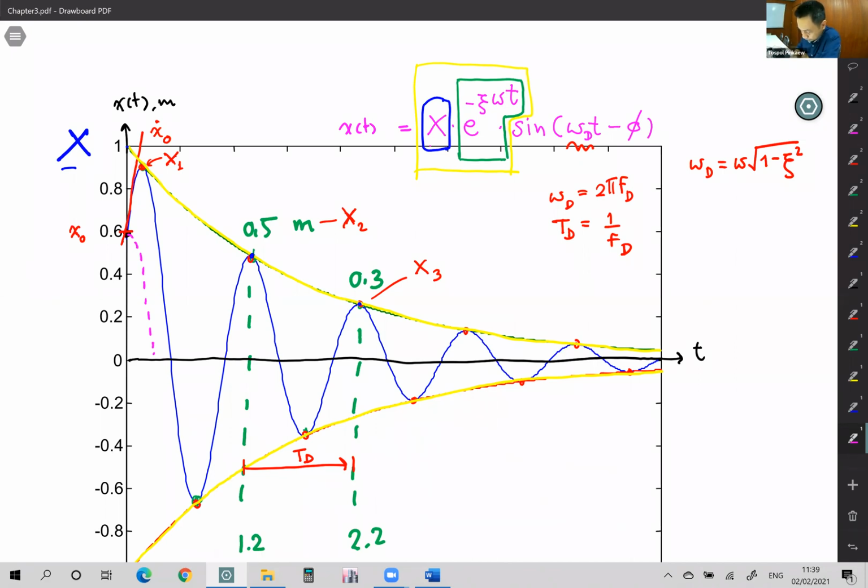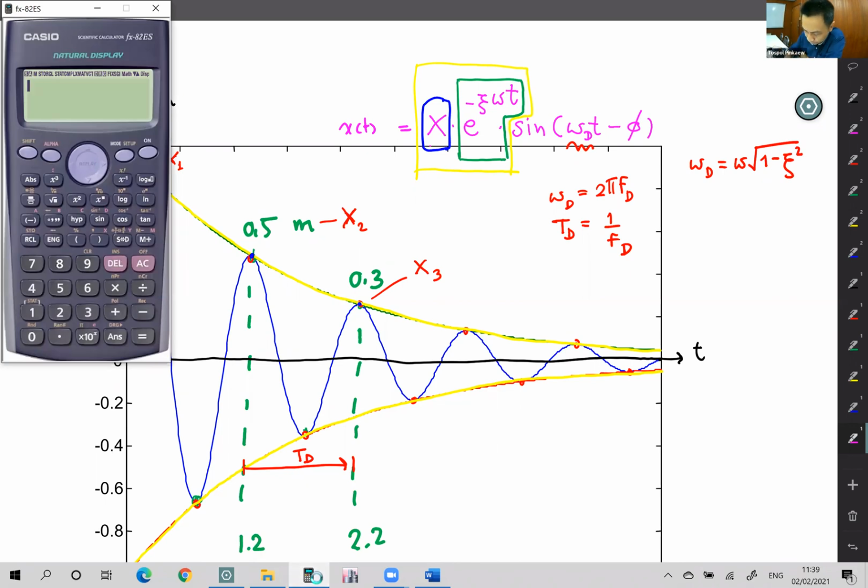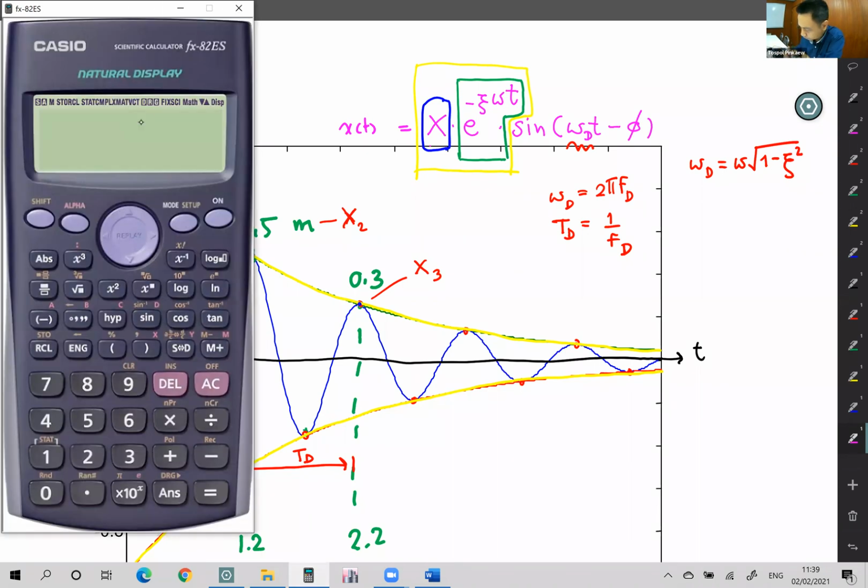Let me start with 1 minus 0.1 squared equal to this. The square root of this is equal to 0.995.